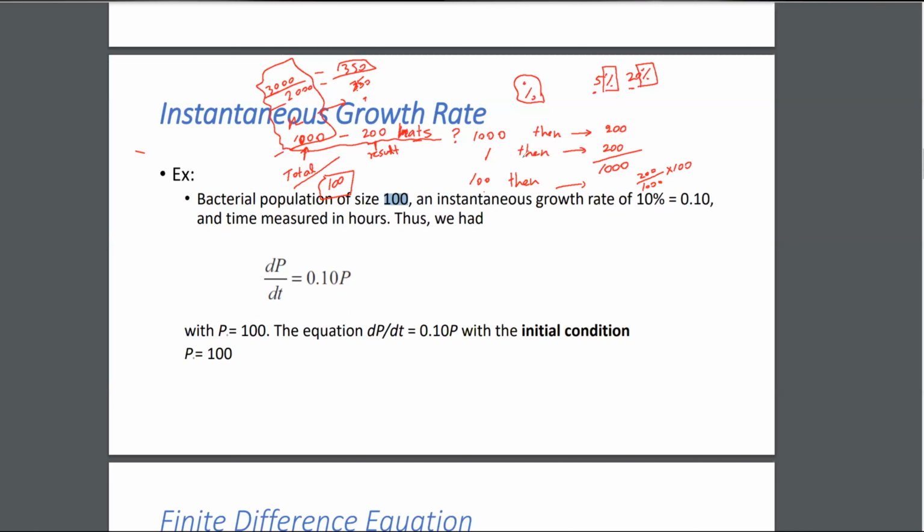In this case, if I have 1,000 people and 200 hats, let me cancel out 2 zeros with 2 zeros. So this is 20% of the total population have hats. That's what it means. This is how we're showing it.